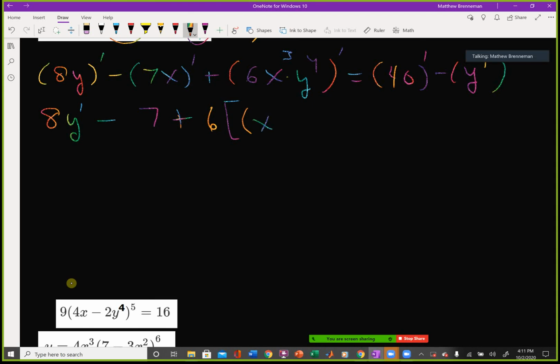So first I'm going to take the derivative of the first factor times y to the 4th, plus x cubed times the derivative of the other factor. And of course, here this first term on the right-hand side is 0, and I'm going to have the derivative of y to the 4th on the right-hand side only.